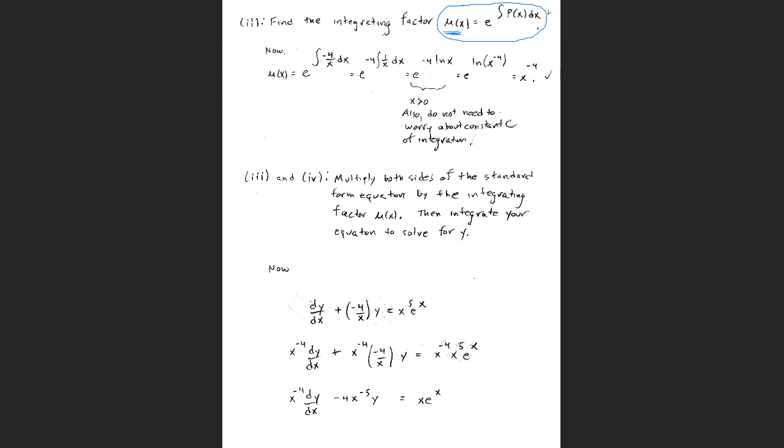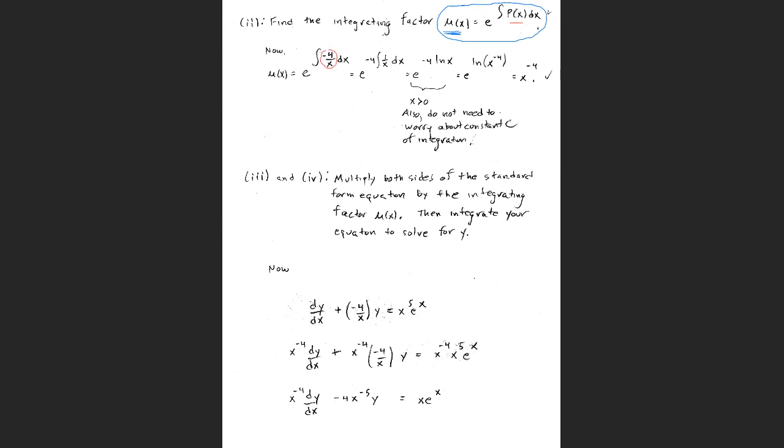That's your power. That's how the integrating factor is defined. And so we know what p is. Our p function is -4 over x.